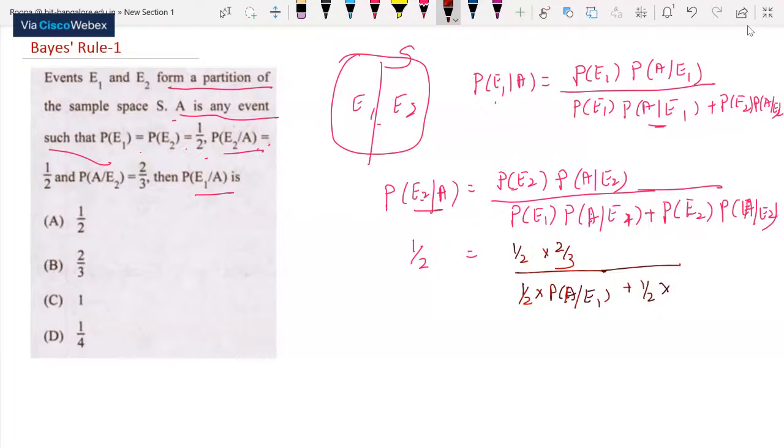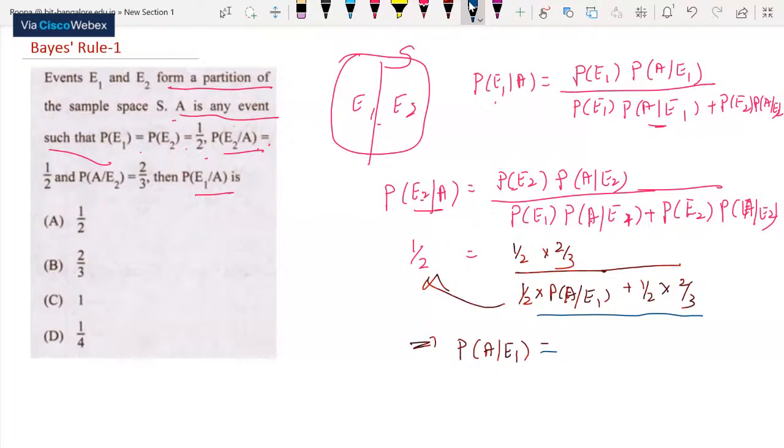Yes. Simplify that. You take cross multiplication and simplify that. We get probability of A slash E1. I'm not going to do the simplification part because you know how to proceed, because I want to cover the statistics part also.